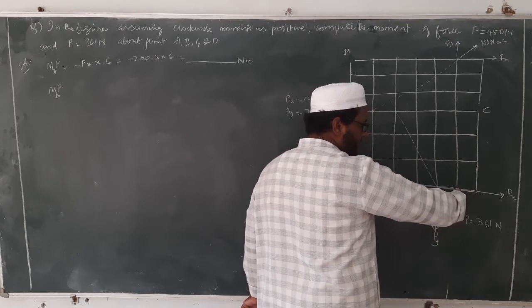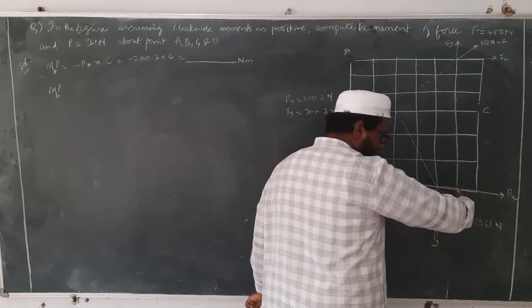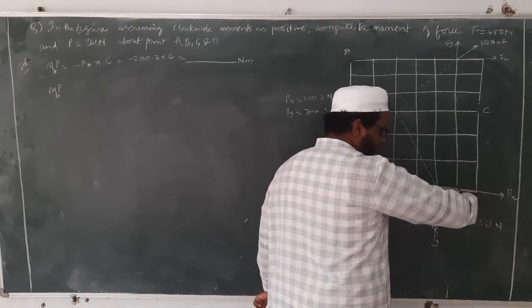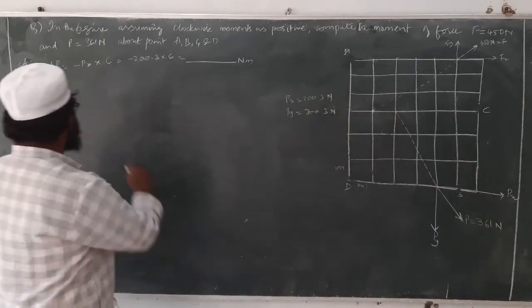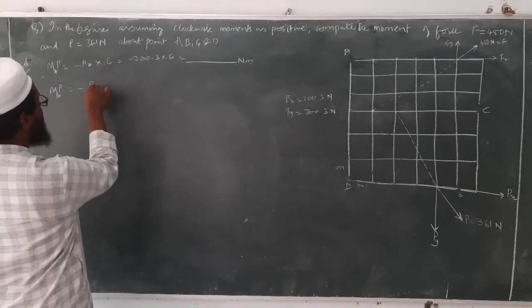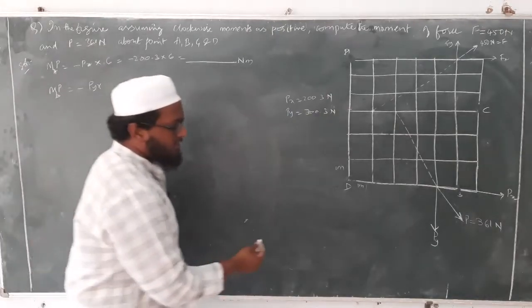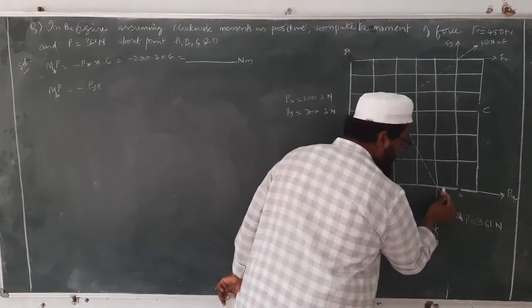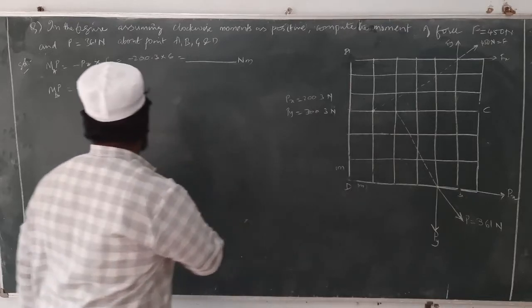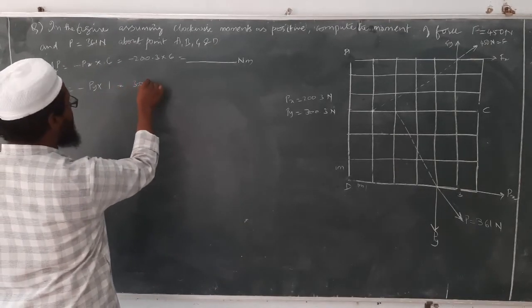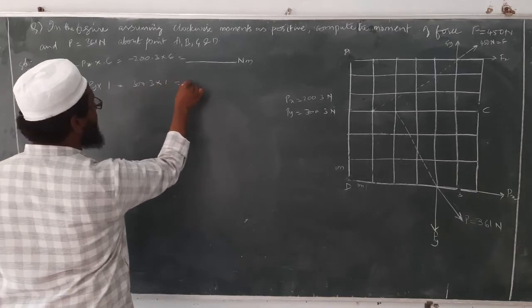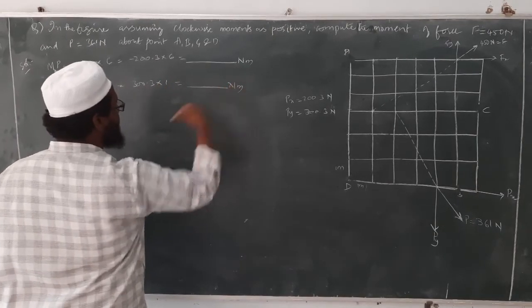I am keeping my thumb on point B, and see the force, my hand is going in the anti-clockwise direction. So minus Py into perpendicular distance, which is 1 meter, into 1. So Py is 300.3 into 1, and you will get a value in Newton meter.